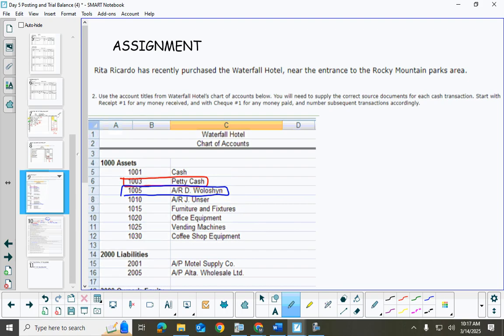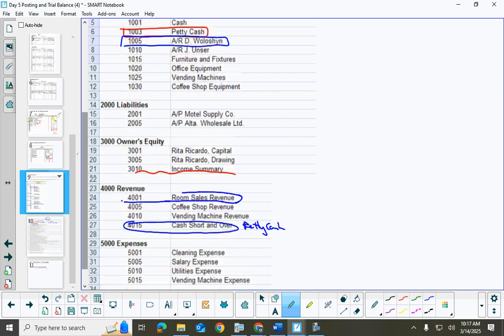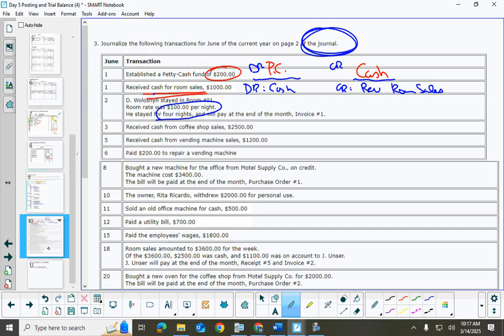So you did room sales. Even though you haven't received the money yet, you still record it as revenue. So credited will still be your revenue, room sales.